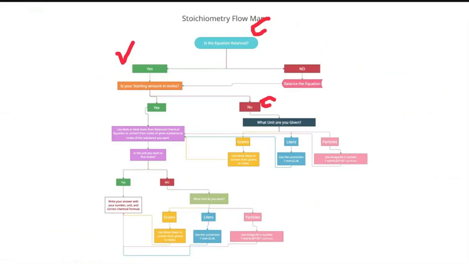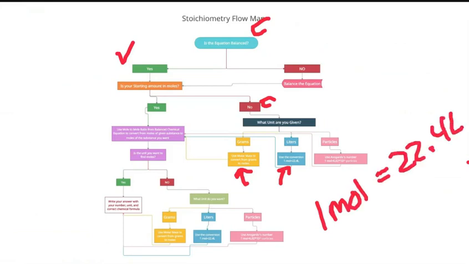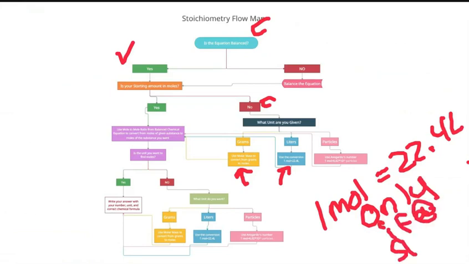If you're given grams to start, you need to first use the molar mass to convert from grams to moles. If it's in liters, you can use 1 mole is equal to 22.4 liters, but only if at STP, standard temperature and pressure.